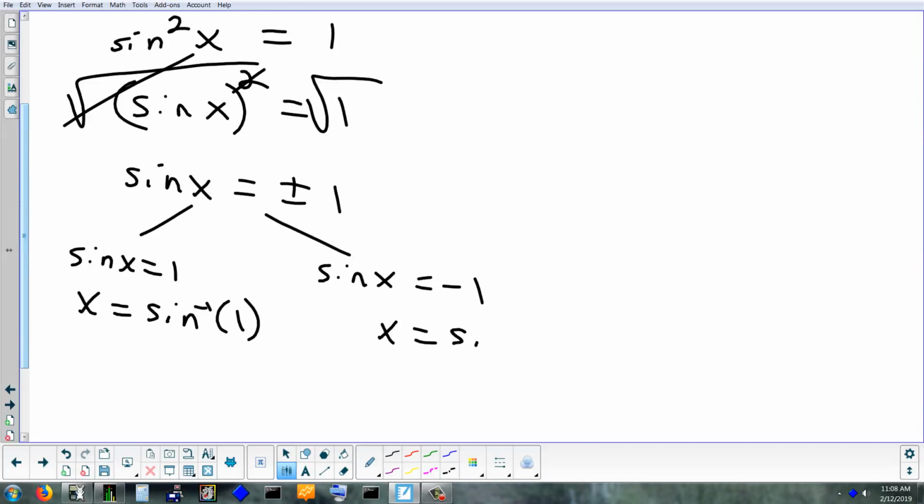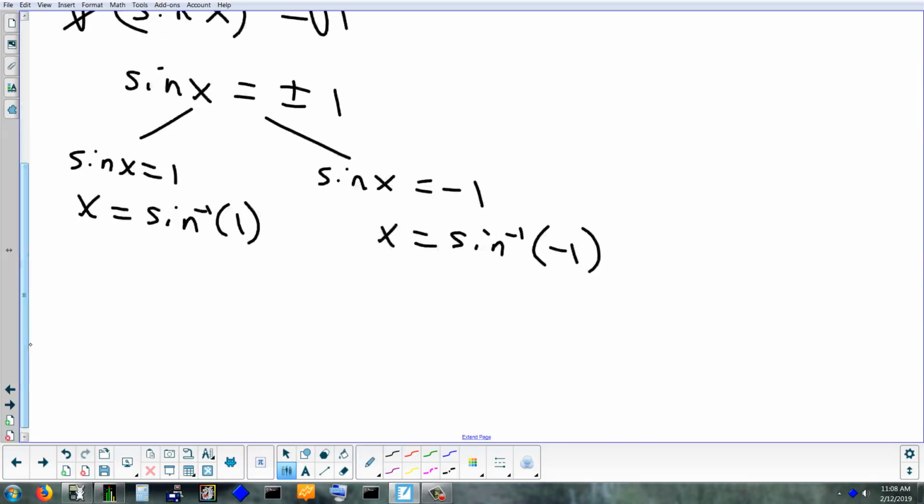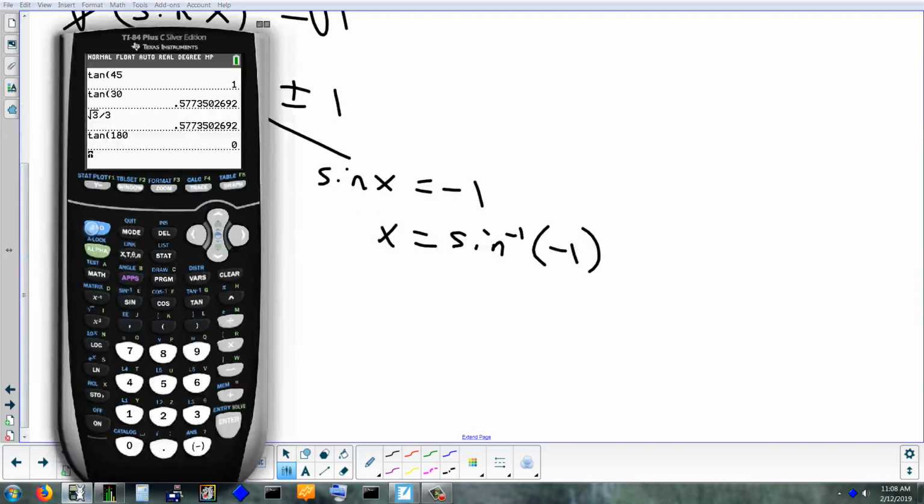And take the inverse sine of what's on the right. Now remember, when you do inverse sine, you can get 2 answers. I have a feeling we're probably going to get some overlap here. Okay, let's take the inverse sine of 1.